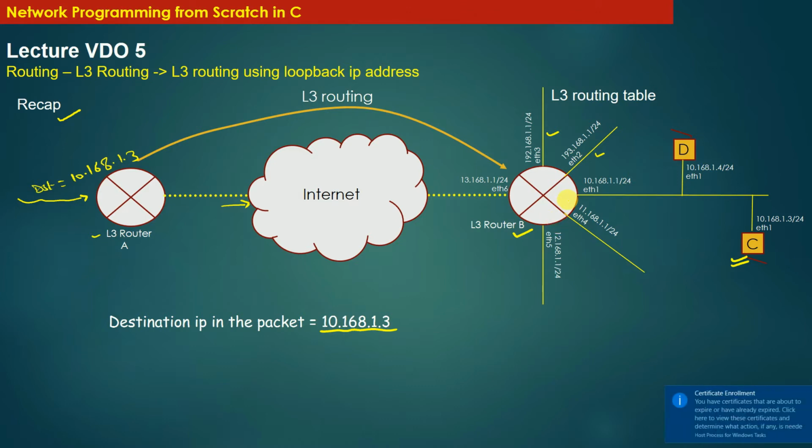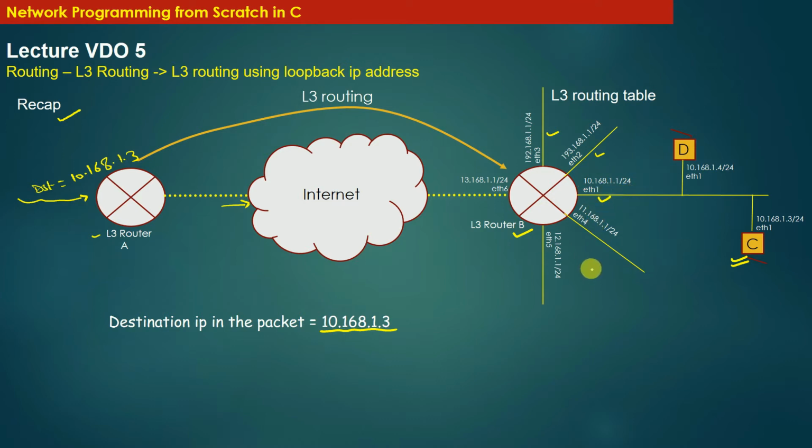It so happens that the destination IP address specified in the packet falls in the subnet 10.168.1.0/24. So router B knows that the packet is destined to a machine present in its local subnet on interface Ethernet 1.